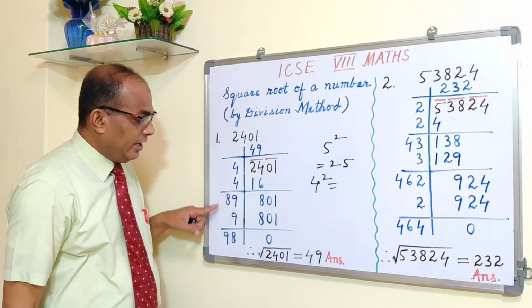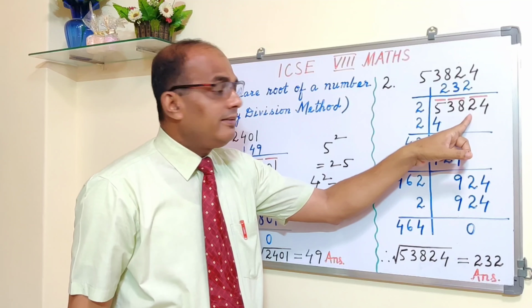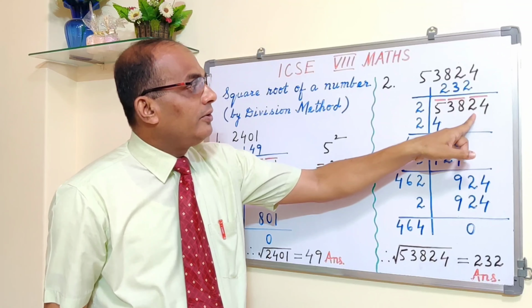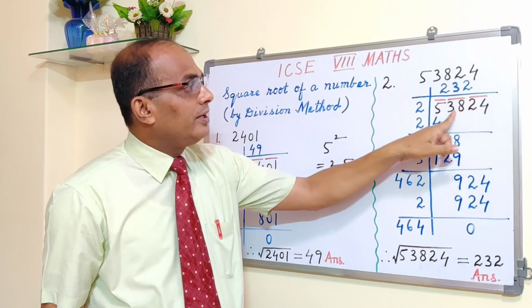For the third bar, on the extreme left, you see there is only 1 digit. So this single digit will also have a bar. This happens when the number of digits is odd, like 1, 2, 3, 4, 5. When the number of digits is odd, the extreme left single digit will also have a bar.